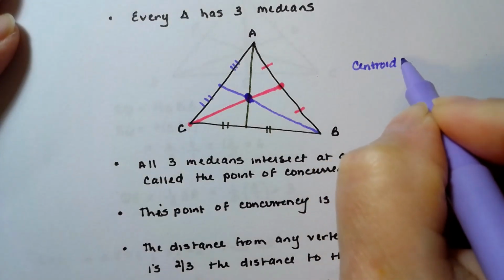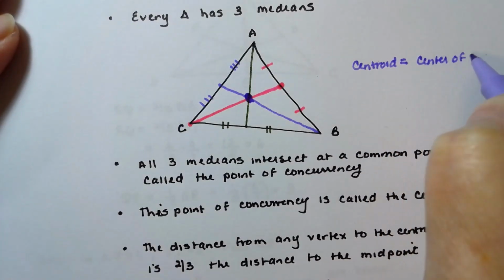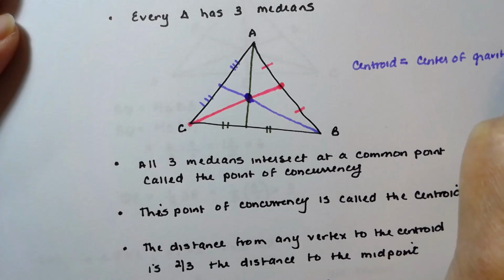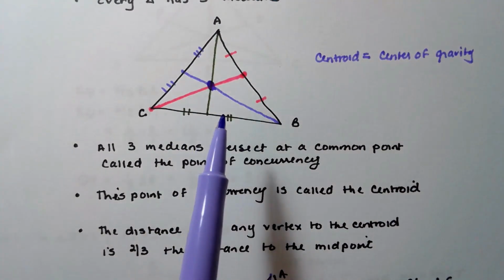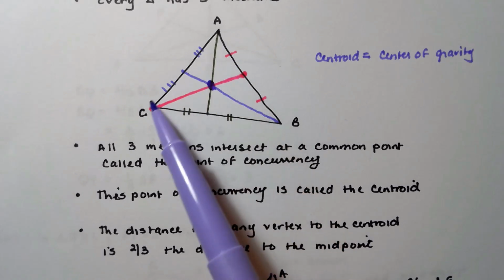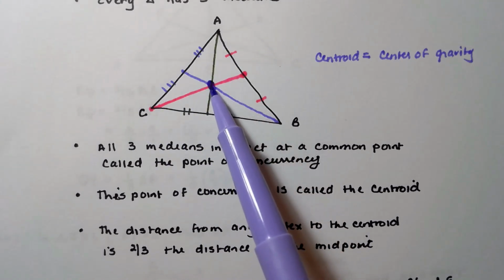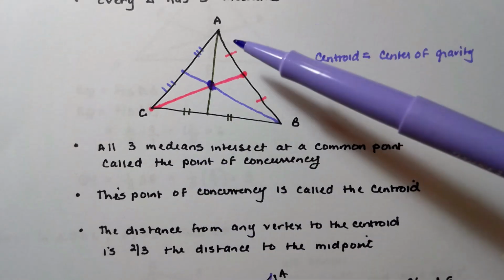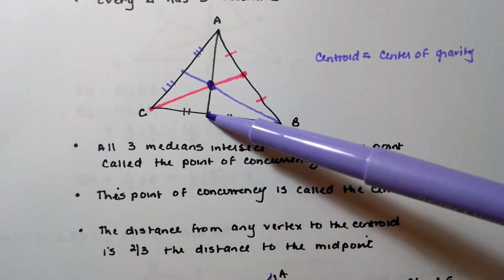Centroid equals the center of gravity, meaning you can balance it. If you put your pen tip on that point of a triangle, you can balance it on the tip of your pen. So in any triangle we can draw three medians. Those three medians intersect at a point of concurrency called the centroid. The median is just a segment from a vertex to the side opposite at the midpoint.